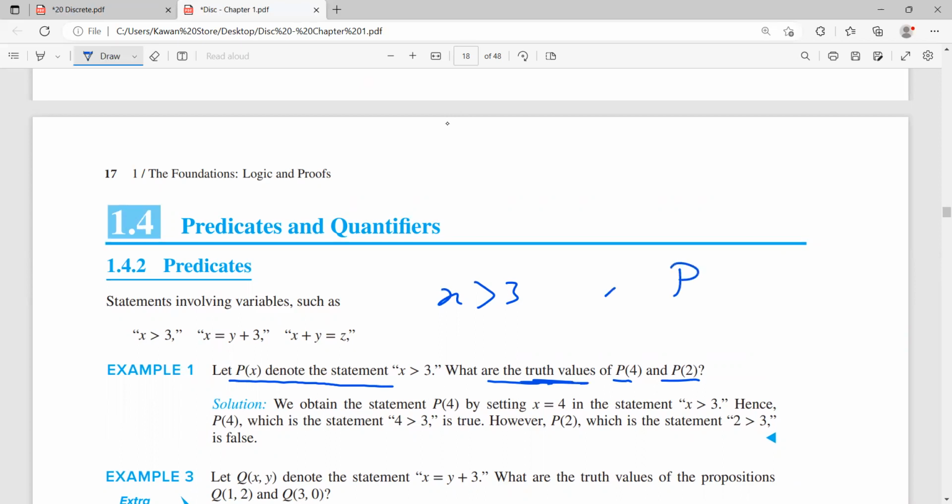P(4) means that instead of X in the statement P(X), you put 4. So I get 4 greater than 3. That one's true. How about if I put P(2)? 2 greater than 3 is false. You got it? That one is called predicates.